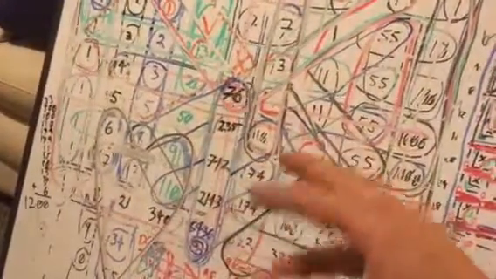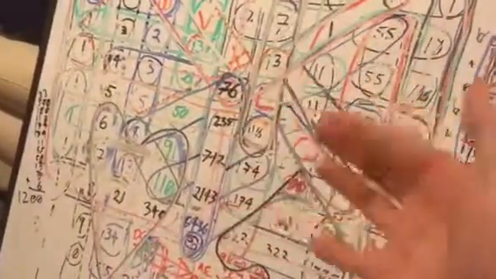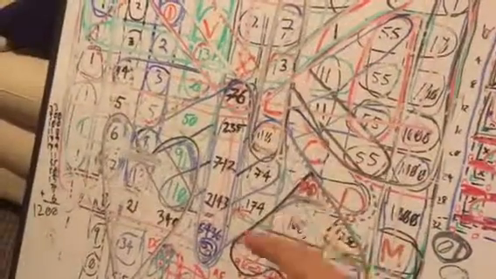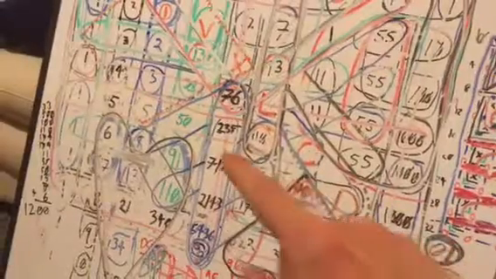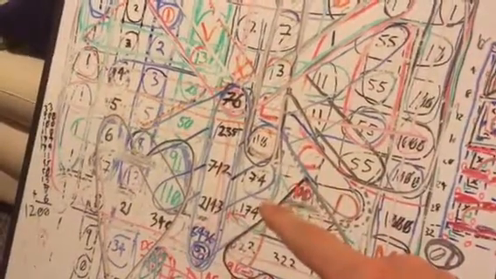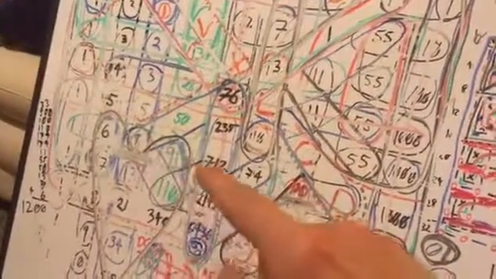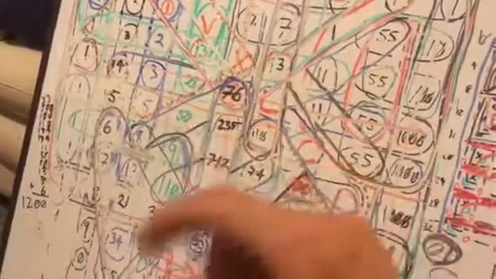It's a crazy swastika. I think this is like a crazy swastika thing going on. A V there, a V there, a V there, a V there, a V there.